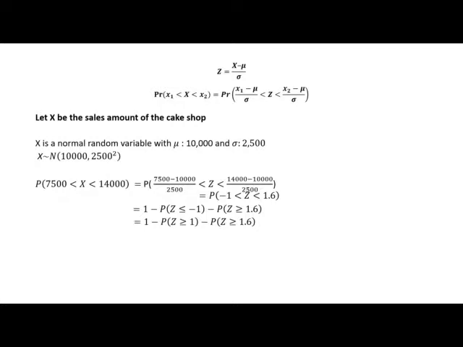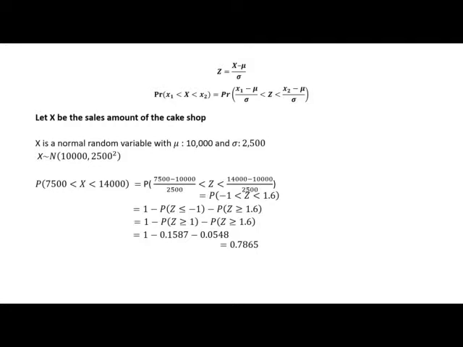Because the curve of a normal distribution is symmetric, z less than or equal to -1 is equal to z larger or equal to 1. So after finding the z value from the standardized normal distribution, we know that 1 minus 0.1587 minus 0.0548.